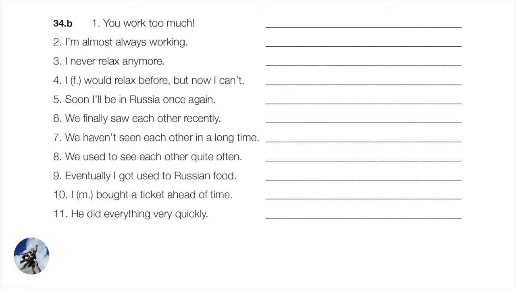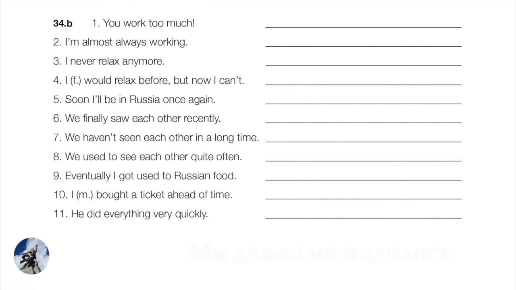Okay, number 7. We haven't seen each other in a long time. Now here, note we're going to need imperfective because we're talking, look at the cue there, in a long time or for a long time. That's a long duration. So this is a lack of seeing each other that's extended across time. We'd want to say мы не виделись.